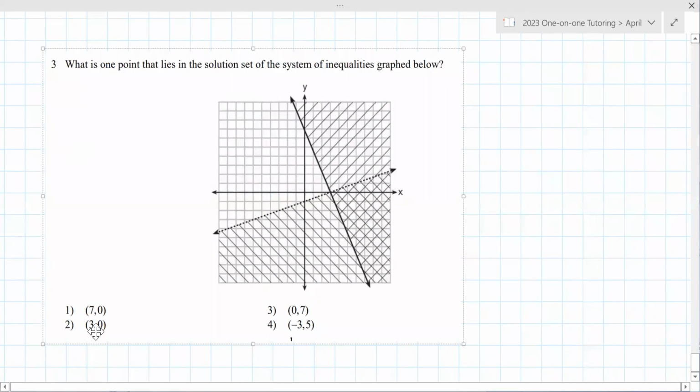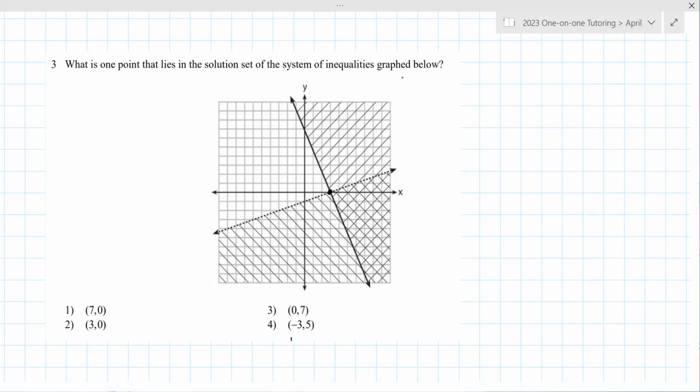Basically, they're asking which of these 4 points is in the overlapped region. 3, 0 is where they intersect. Oh, in the overlap section? Yes. Oh, 7, 0. Yes. Right.